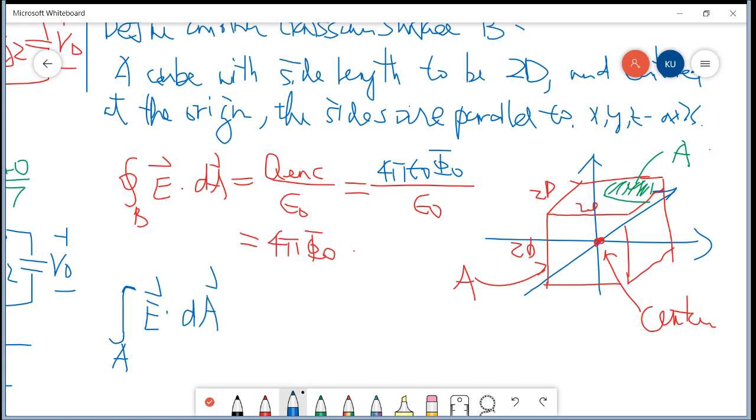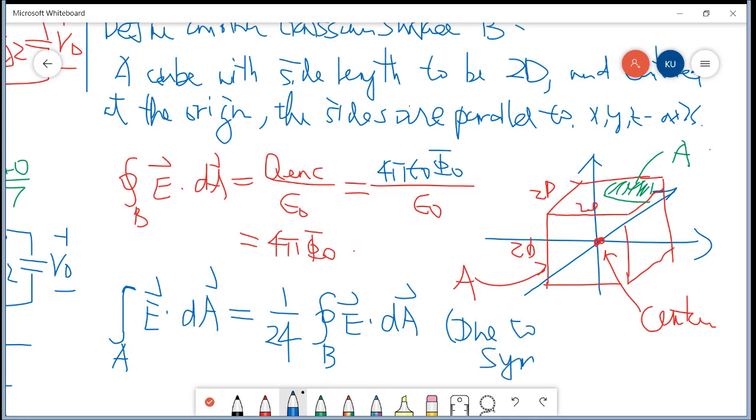What we need to find is 1/24 of the closed-surface integral of E dot dA, due to symmetry.